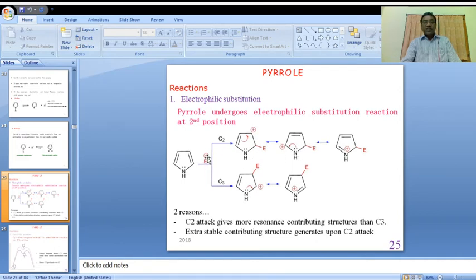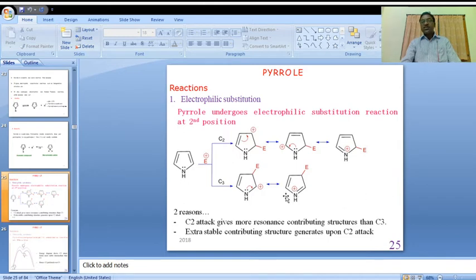When the electrophile attacks the C3 position, on the other side we will observe the following. If the pi bond electron shifts to C3, C3 gets negative and attacks the electrophile at that place. This one. From this, the pair of electrons donates to the cyclic ring, the heteroatom gets positive, and a new pi bond is generated.